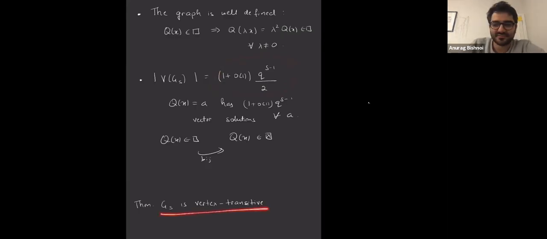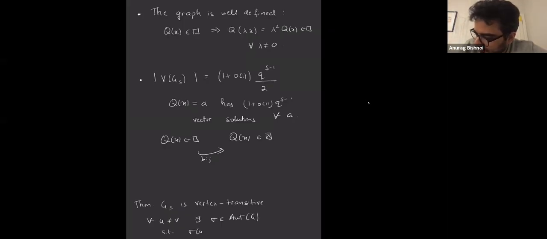Now, the second fact where I need Emilio is the following. This graph is in fact vertex transitive. What does that mean? That means that whenever you have u not equal to v, there exists an automorphism sigma of G such that sigma of u is v.